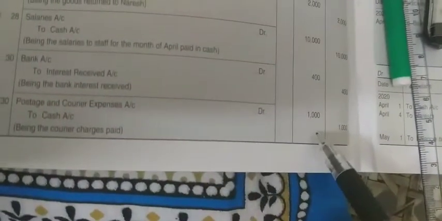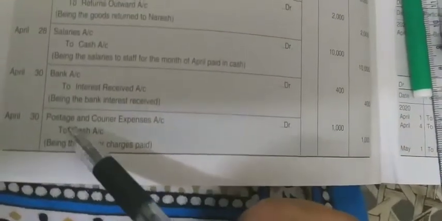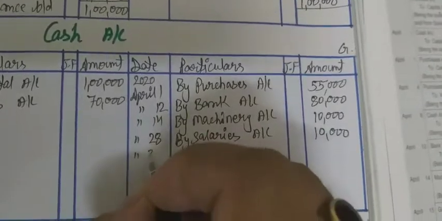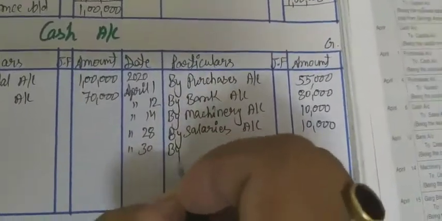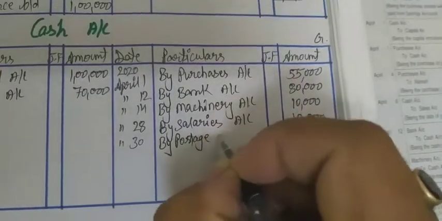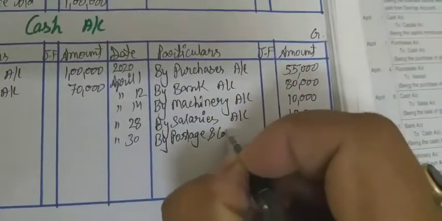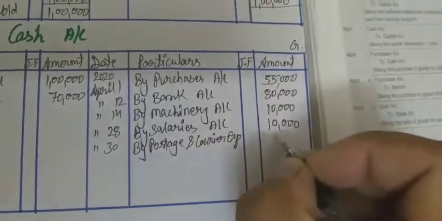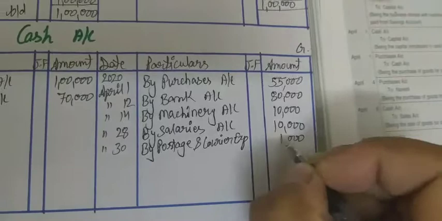And after that, the last transaction of rupees 1,000 is for the postage and courier expenses account. So it is on April 30, by postage and courier expenses account with rupees 1,000.